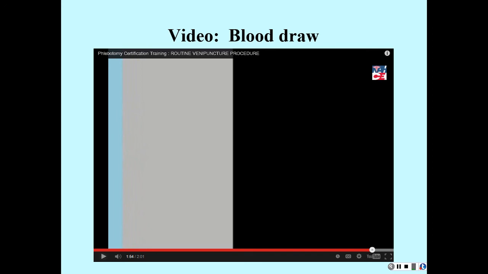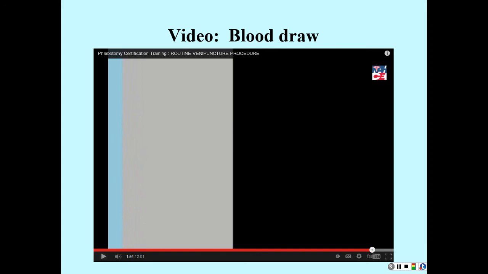They have some heparin or anticoagulants in them. Your red top tubes are usually for your electrolytes. But just know that there are different tubes for different things.